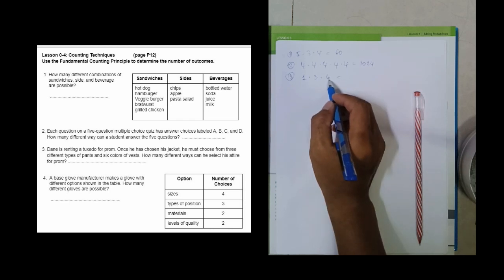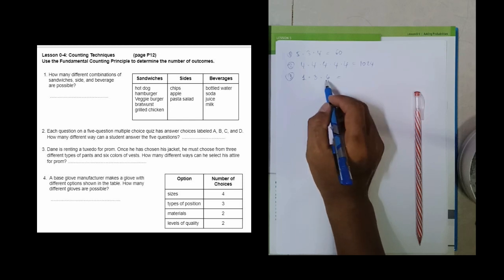So together, one jacket, 3 different types of pants, and 6 different colors of vest. Multiply together, and he will have 18 possible outcomes for his prom attire. He has 18 different ways he can select his attire.